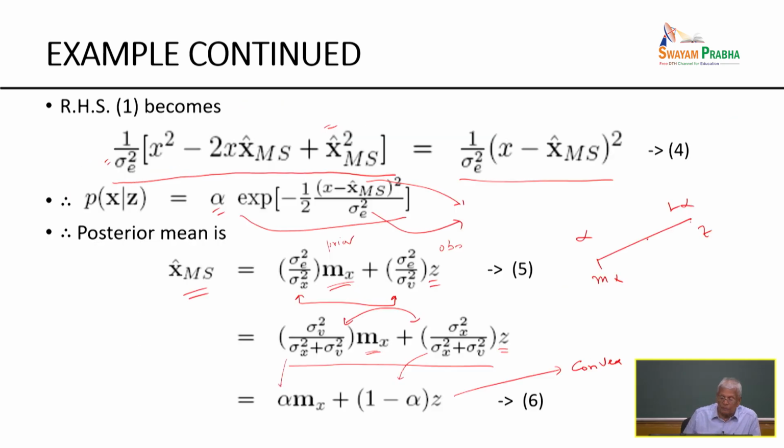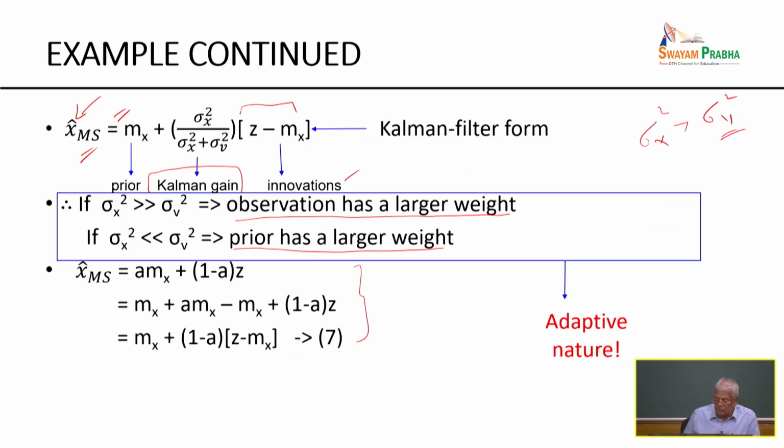Going back to equation 6, it can also be written as A times m of x, where A is alpha. So xms is A times mx plus 1 minus alpha times 1 minus A times z.